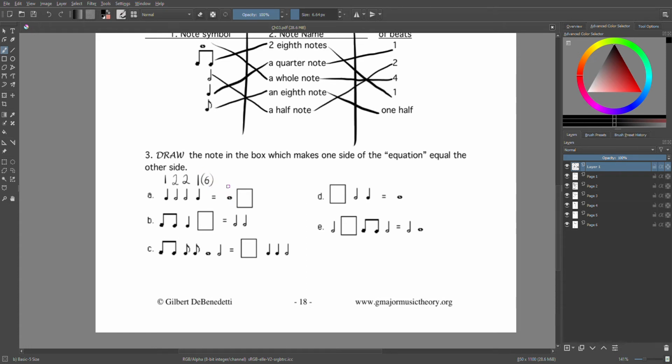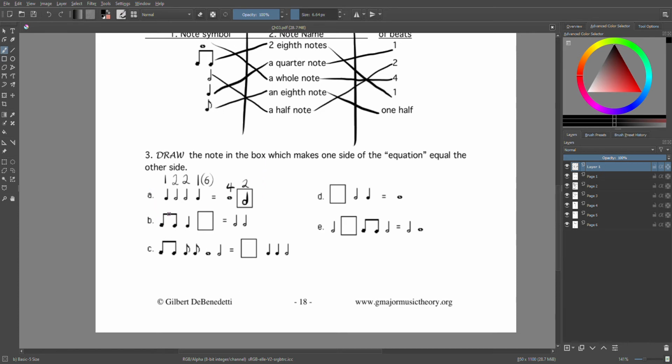Now here we have a whole note. Whole note is 4. We need one more note in order to equal 6. So 4 plus what equals 6? 4 plus 2. Which type of note has 2 beats? If we look up here, a half note has 2 beats. So we're going to draw in a half note.